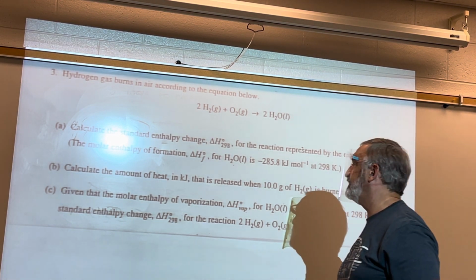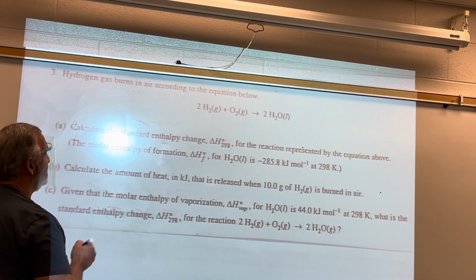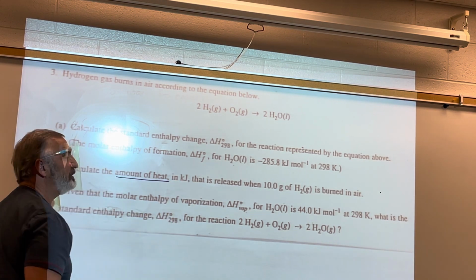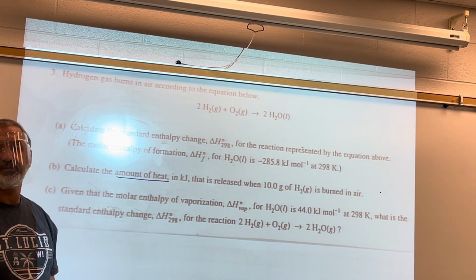So if we start with 10 grams, the question is asking for the amount of heat. So what's going to be my conversion factor for the amount of heat in kilojoules?